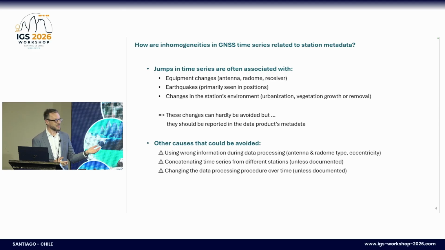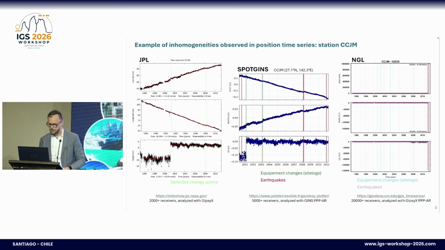Of course, these changes can hardly be avoided, but they should be reported in the data product metadata. And other causes that could be avoided are sometimes use of wrong information at the processing level, concatenation of time series, unless it is documented, and also changing data processing, unless it is documented.